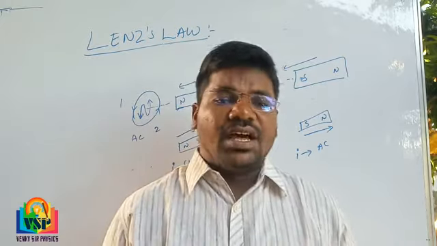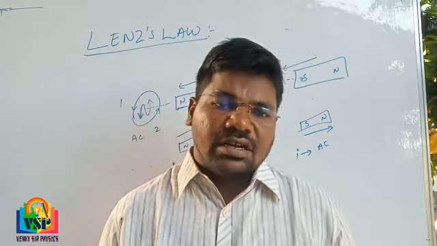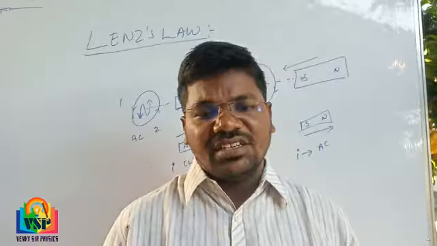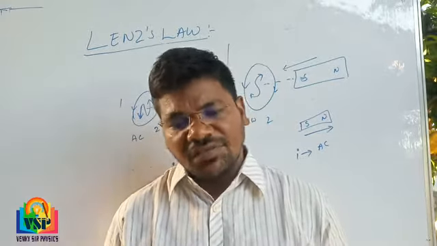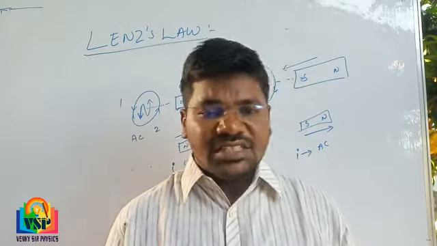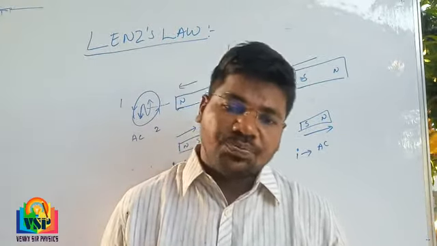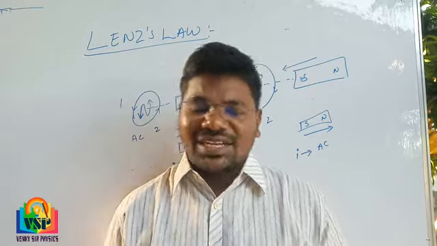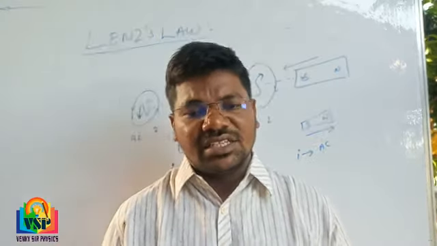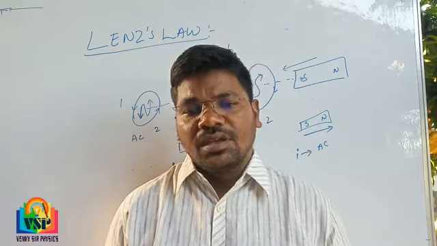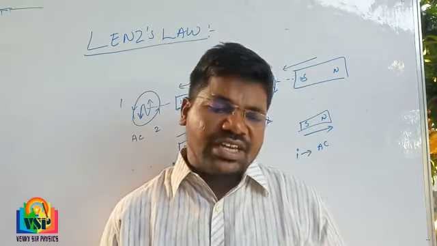Therefore, work has to be done against the force of attraction in taking the magnet away from the coil. This mechanical work in moving the magnet with respect to the coil changes into electrical energy, the induced current.